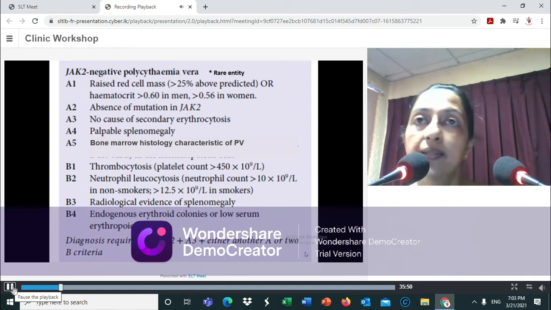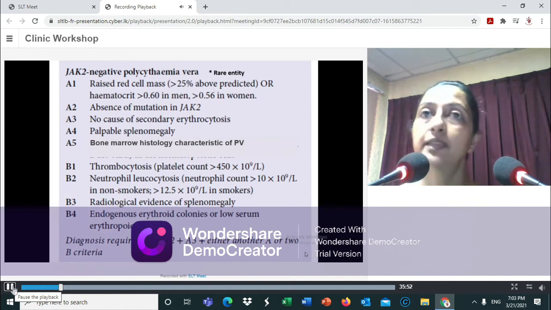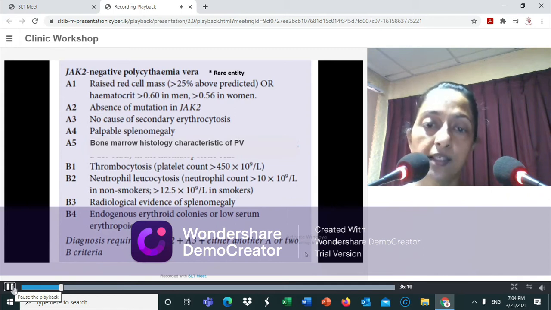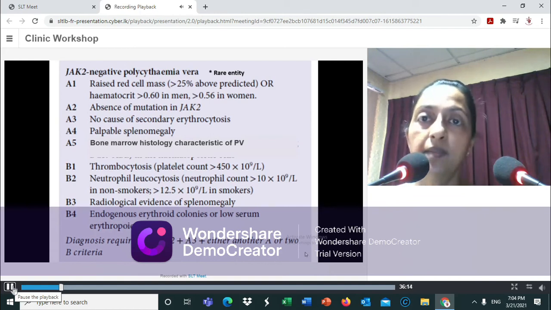Then there's a set of criteria which you have to meet. A1 to A3 plus 1A criteria or 2B criteria are required for diagnosis. These include the presence of splenomegaly, bone marrow histology, and thrombocytosis and neutrophilia above certain cutoff points. So there's a set of criteria to meet, but this is a rare entity.